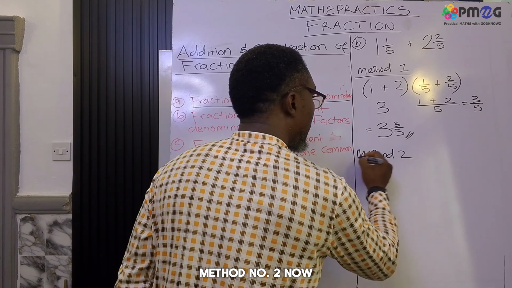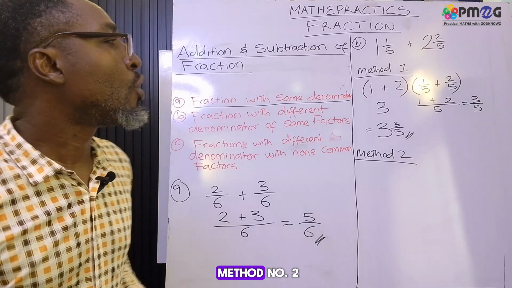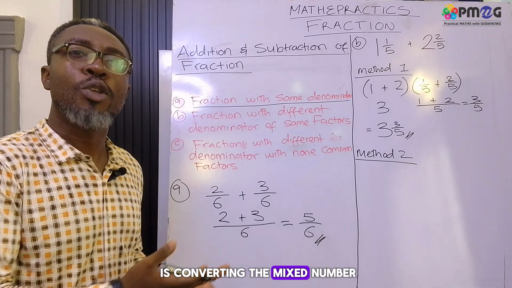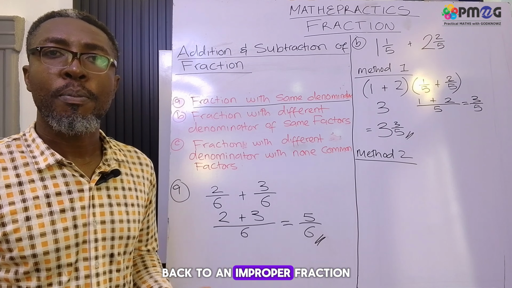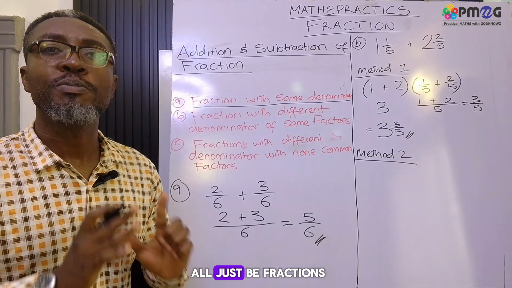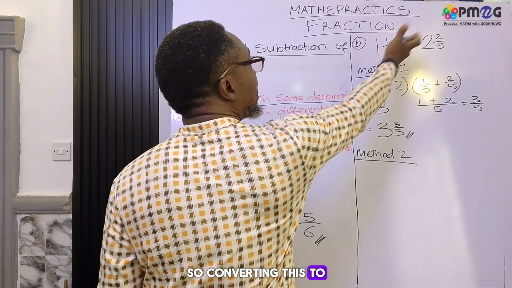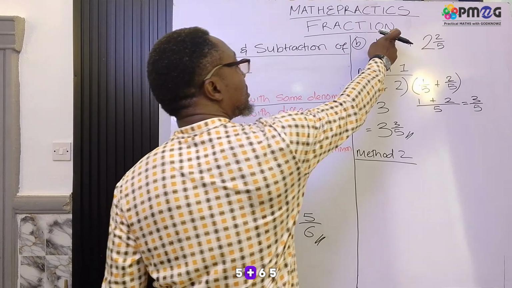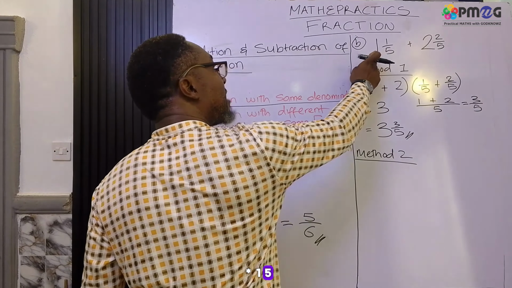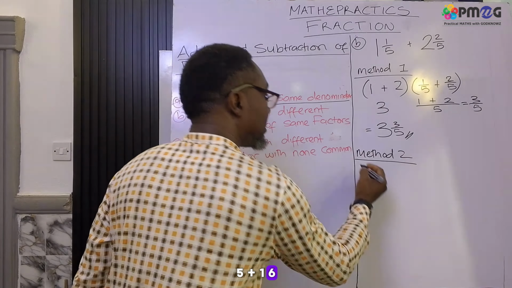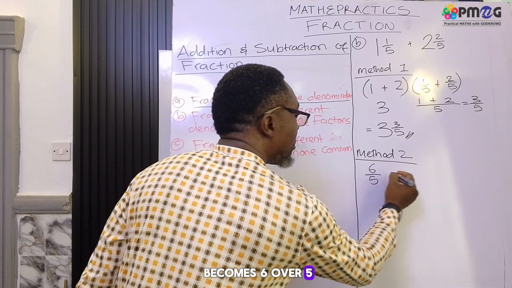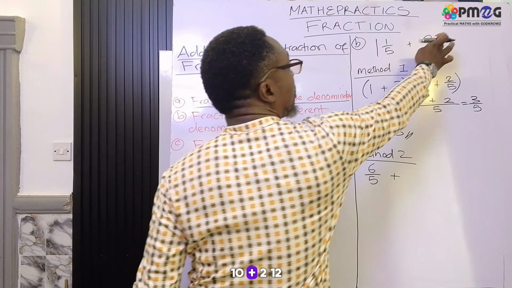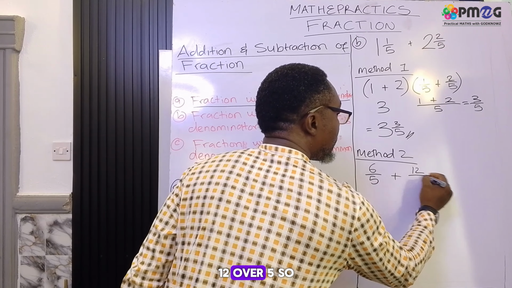Method number 2 is converting the mixed number back to an improper fraction so that they will all just be fractions. Converting this to an improper fraction, this would be 5 times 1 is 5, 5 plus 1 is 6, so it becomes 6 over 5, plus 2 times 5 is 10, 10 plus 2 is 12, 12 over 5.